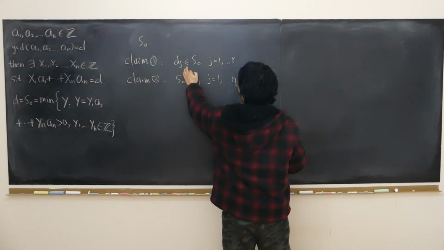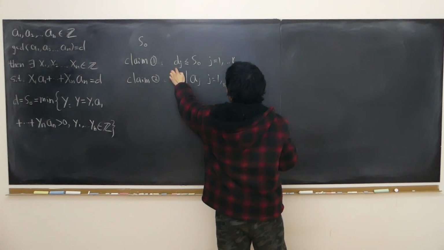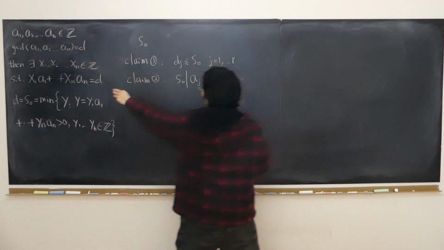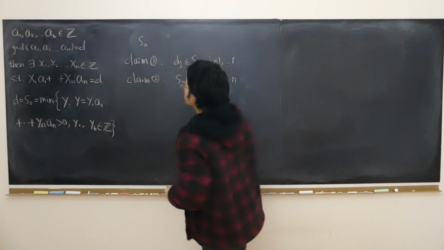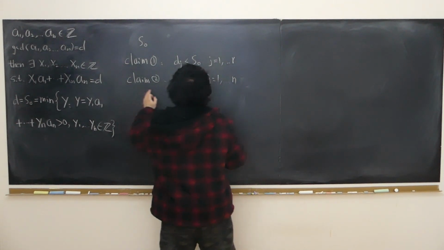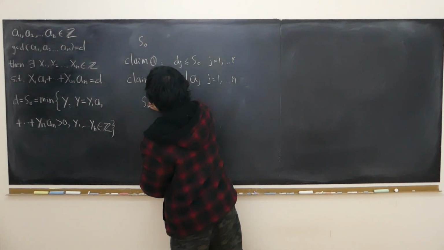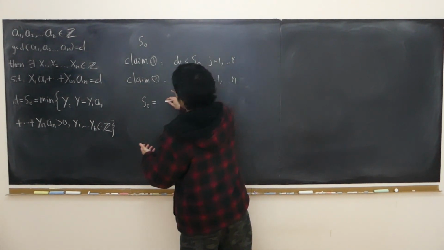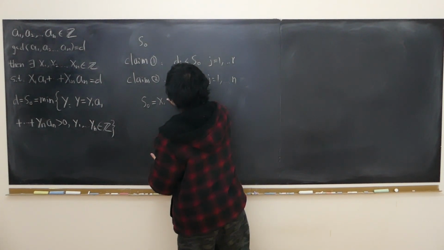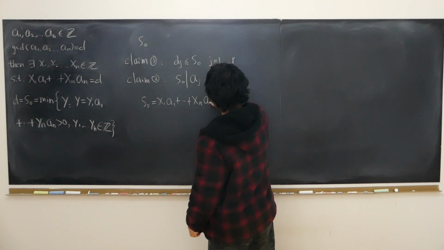So to prove this is true, as long as I can show dj can divide this combination. So let's just assume S0 is some linear combination, say x1 a1 plus all the way up to xn an.